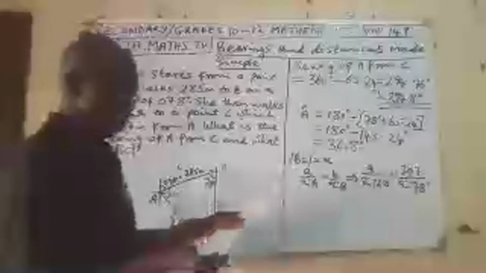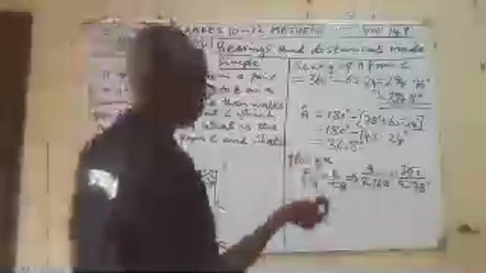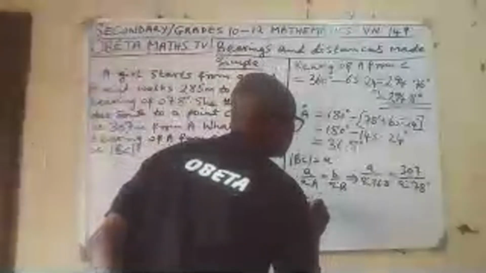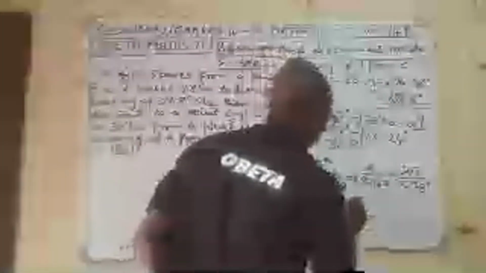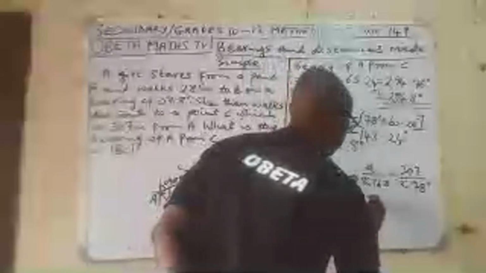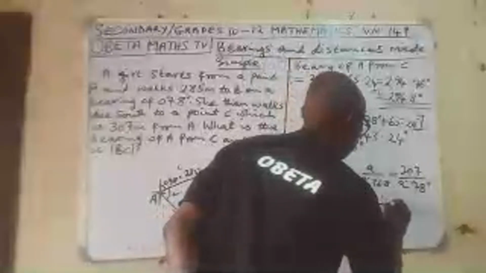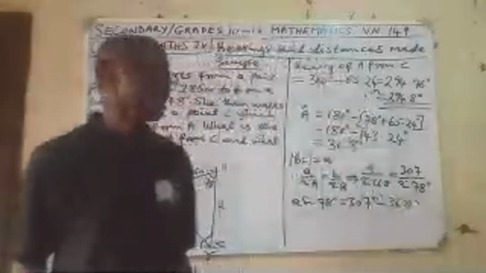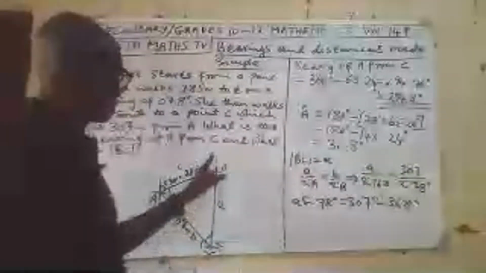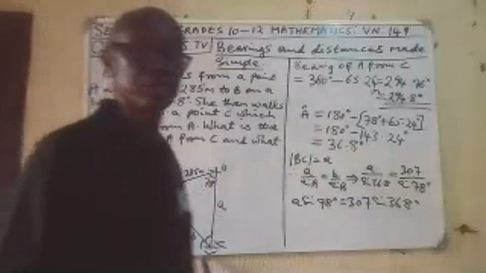Okay. So you cross multiply. That will give us a sine 78 degrees is equal to 307 sine 36.8 degrees. We are now trying to find the distance B to C.